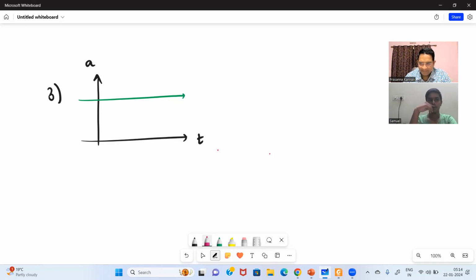Now go ahead, explain. Very simple. See here. All that you need to say is what? Let's say this is point A, this is point B, this is point C. 3 different times I'm taking, t1, t2, t3. At all these times, what is the value of acceleration?